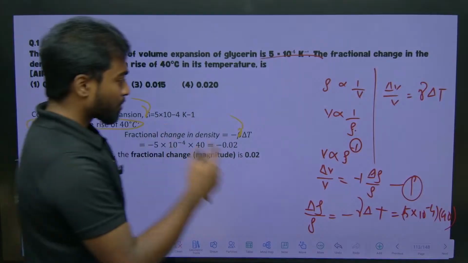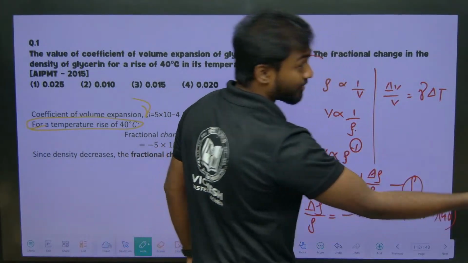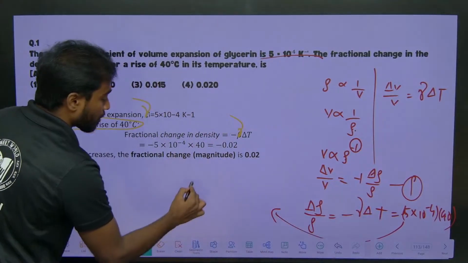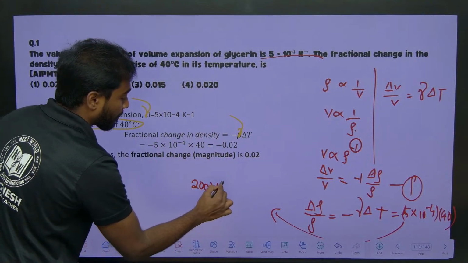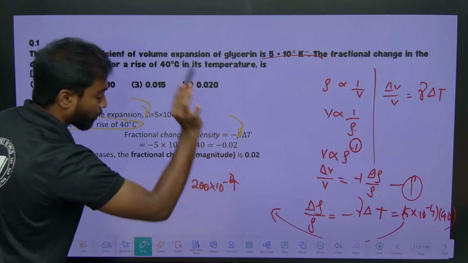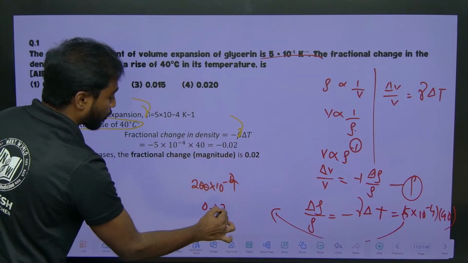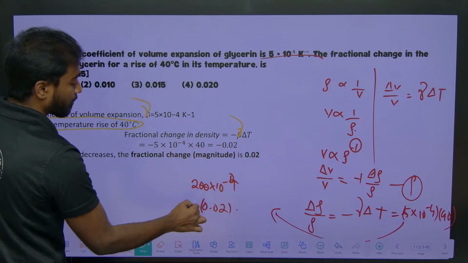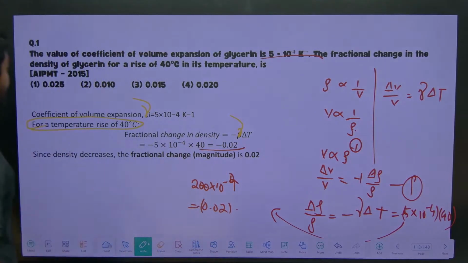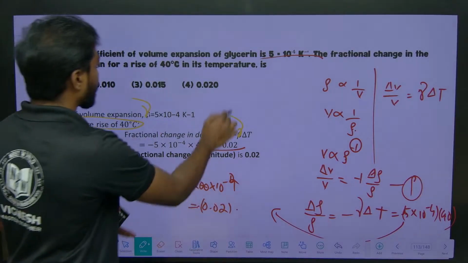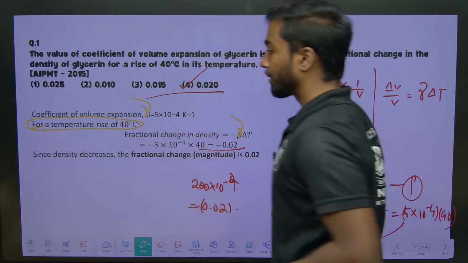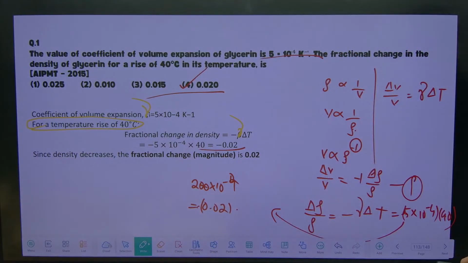So 5 into 40 is 200, so 200 into 10 power minus 4, two zeros and two zeros cancel, giving minus 0.02. The magnitude of the answer is 0.02. Option 4 is the answer for this question.